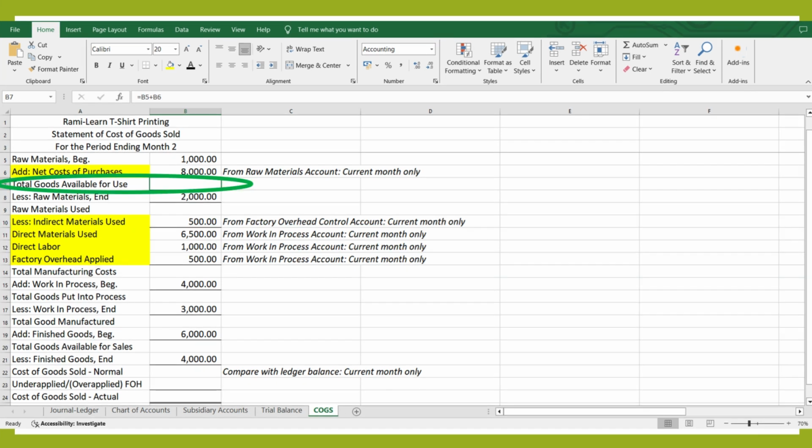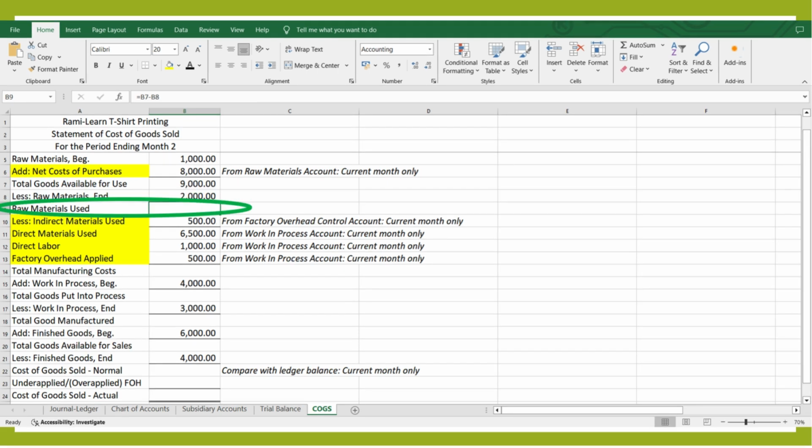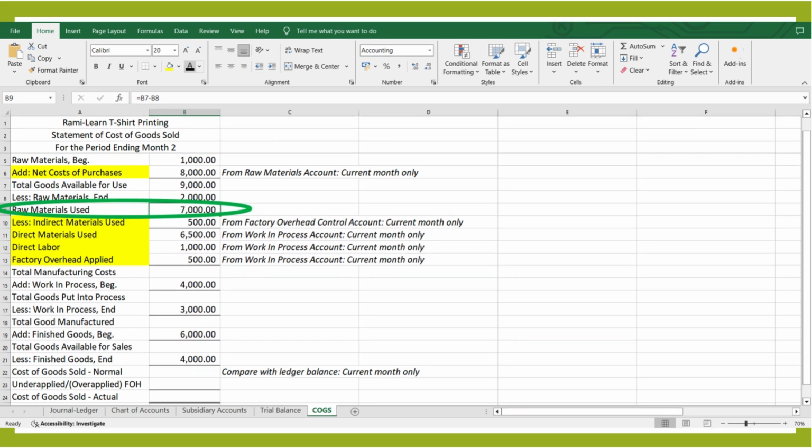Raw materials, beginning plus net costs of purchases equals total goods available for use. So 1,000 pesos plus 8,000 pesos equals 9,000 pesos. Total goods available for use minus raw materials ending equals raw materials used.